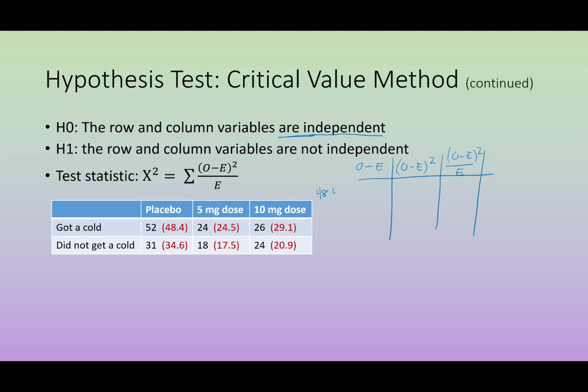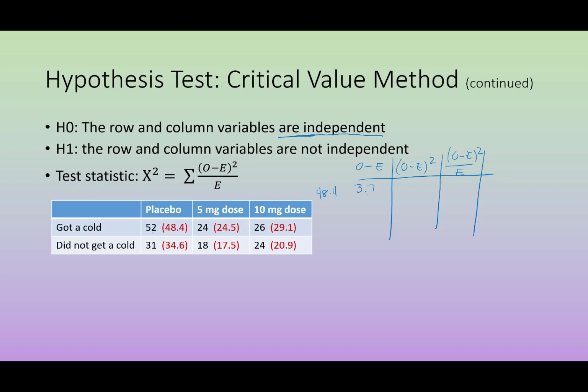So I'm going to start with my very first cell that has an observed value of 52 and an expected value of 48.4. So when I do 52 minus 48.4, I end up getting a 3.7. You know what? It might actually even be easier to just do this whole line first.